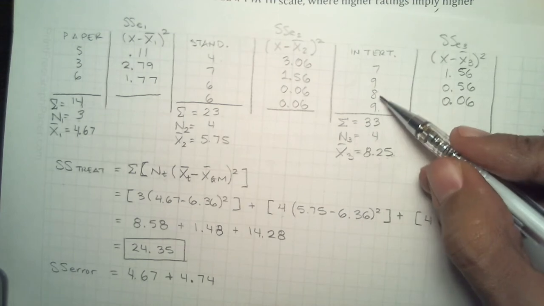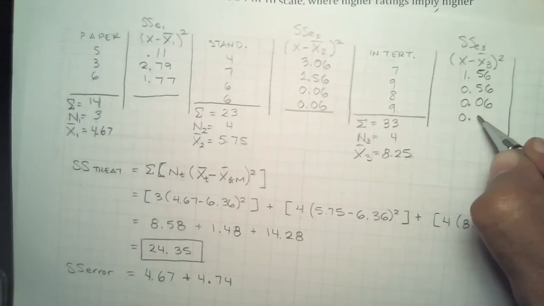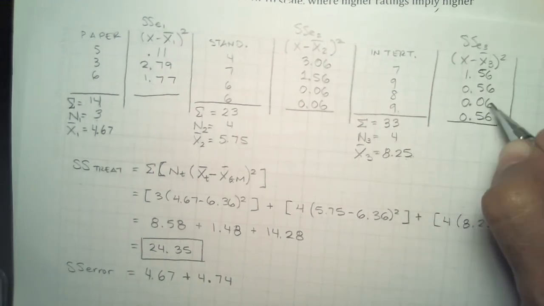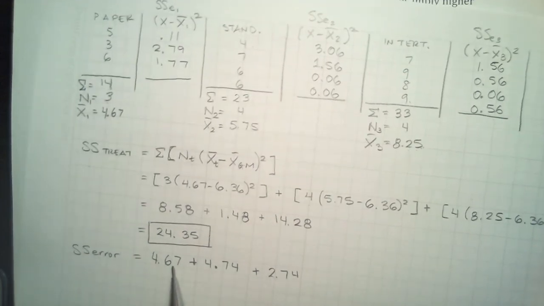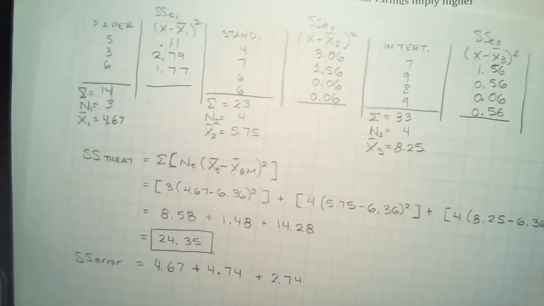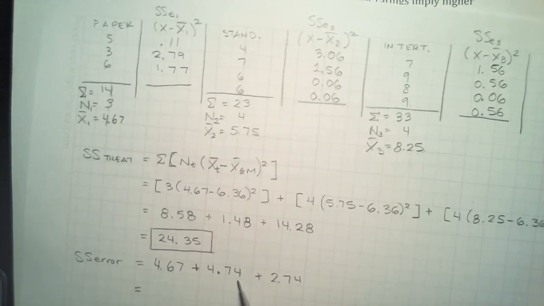And here we have 9 again, so I know it's going to be the same value. Okay, so I add this up, and I will get 2.74. So now that I have already the SS error, I will add up 4.67, 4.74, and 2.74, and I get an SS error of 12.15.